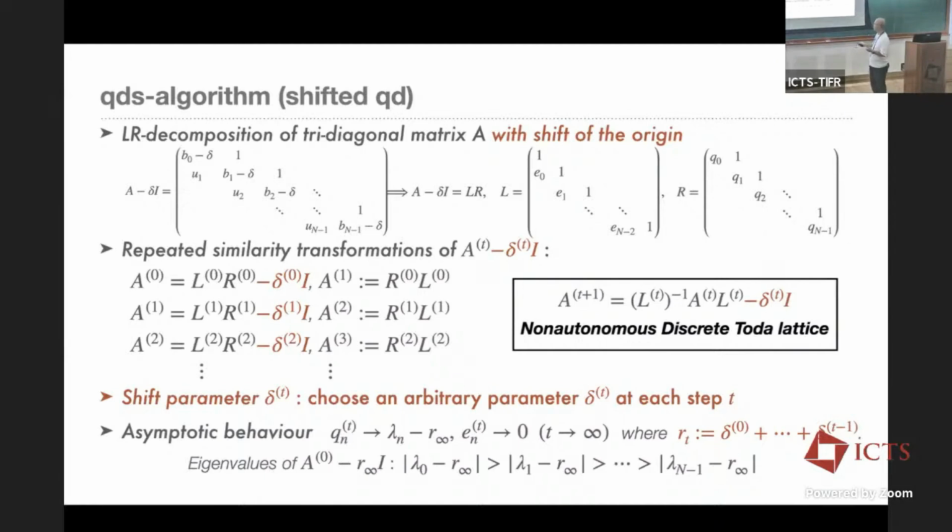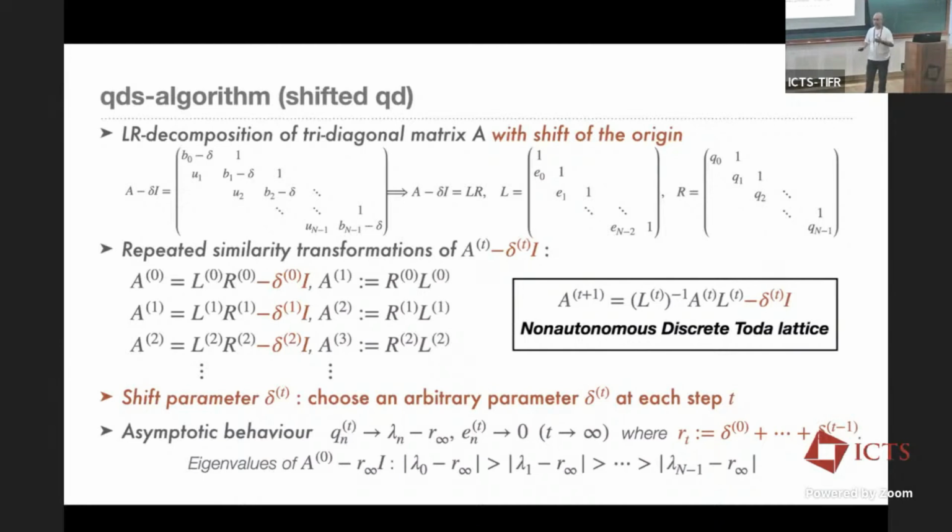As t goes to infinity, E converges to 0. So L should become a diagonal matrix, and R will be such that each element gives the corresponding eigenvalues of the original A with the shift. And in numerical systems, this R plays the role of acceleration of convergence.